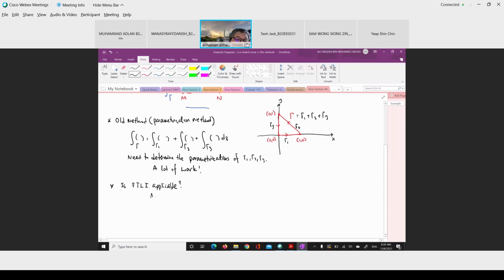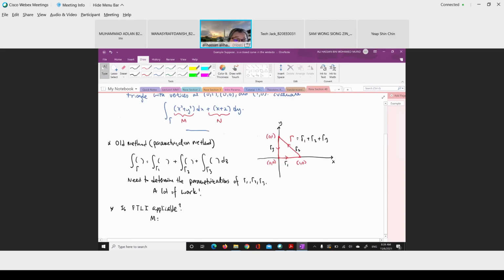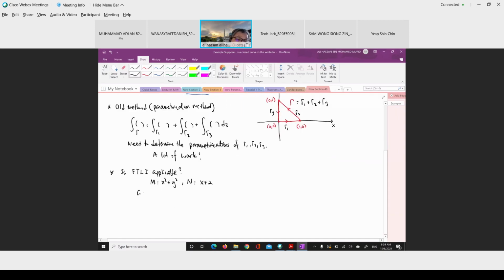Here m is equal to x squared plus y squared, and here n is x plus 2. M partial y here is 2y.